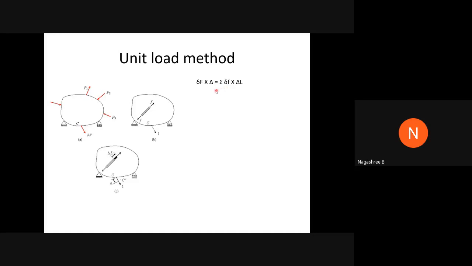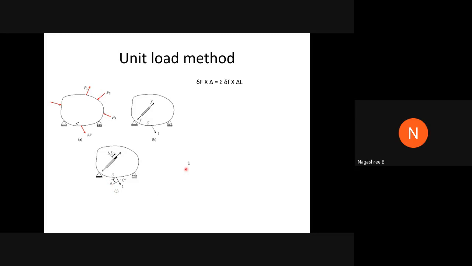Here the left hand side of the equation denotes the external work done by the virtual force delta F moving through the real displacement. So listen here: delta F is the external load, an imaginary load applied on point C, due to which I am getting the displacement delta, the virtual displacement.